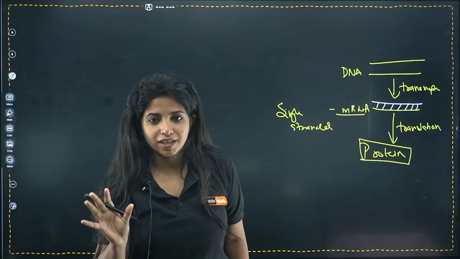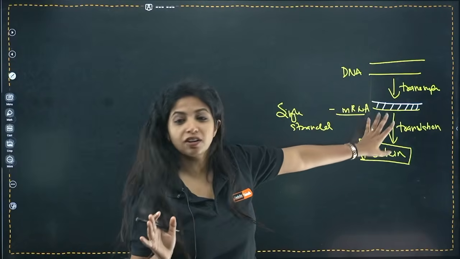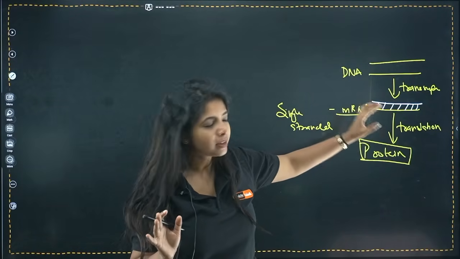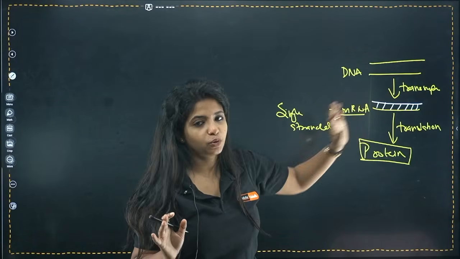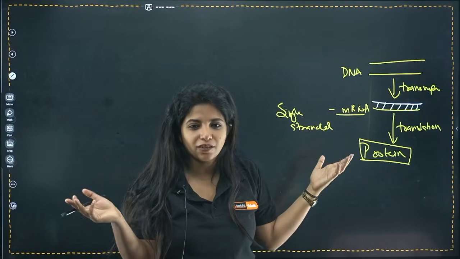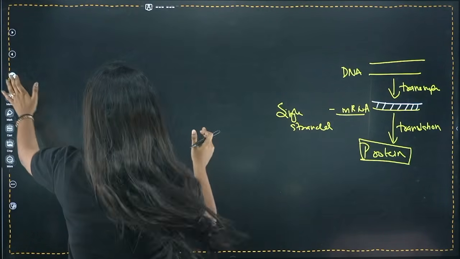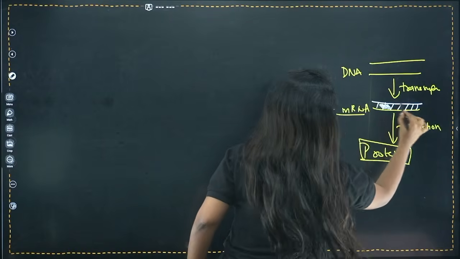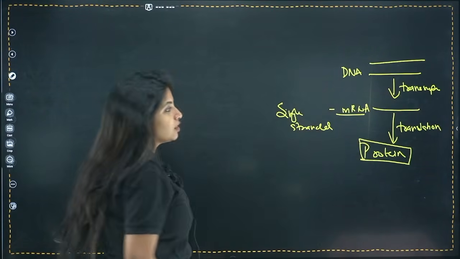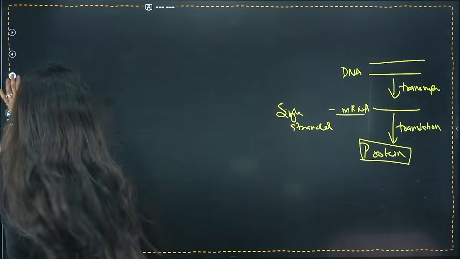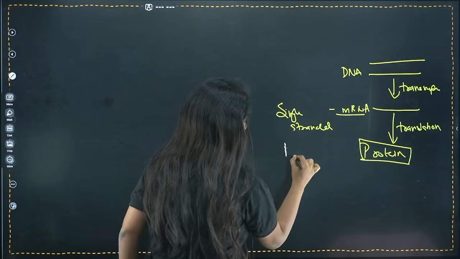This is the logic. You are going to interfere in the translation process, my dear children, and for that you need one more RNA strand. But where do you get that from? Listen to me carefully. What exactly happens is that we get to understand the genes which are there in this particular nematode.